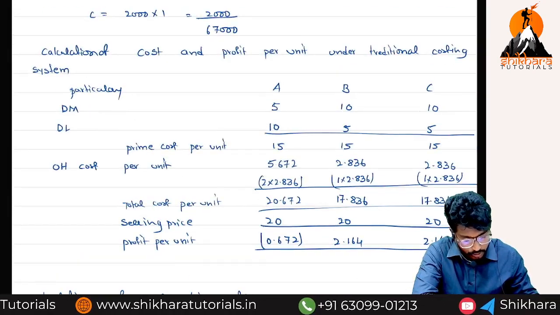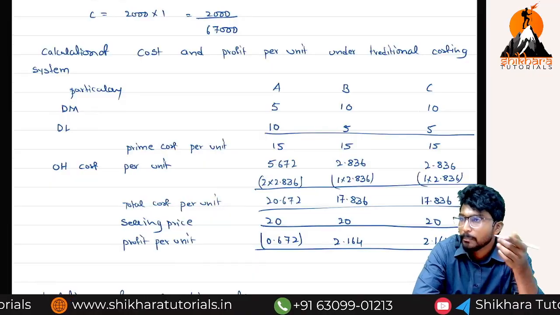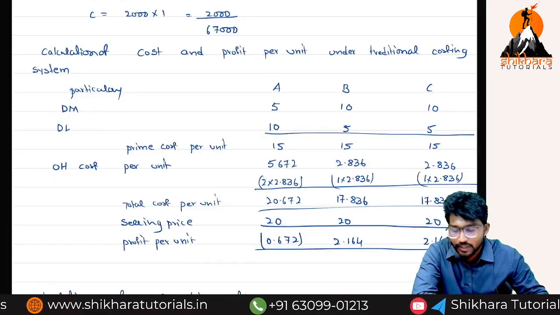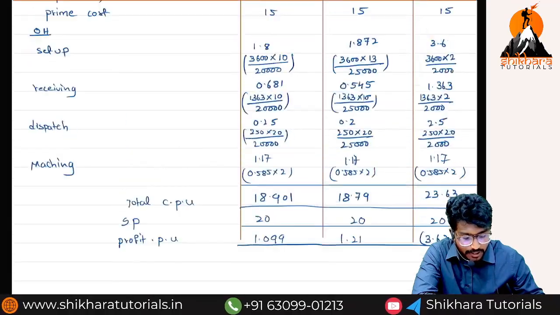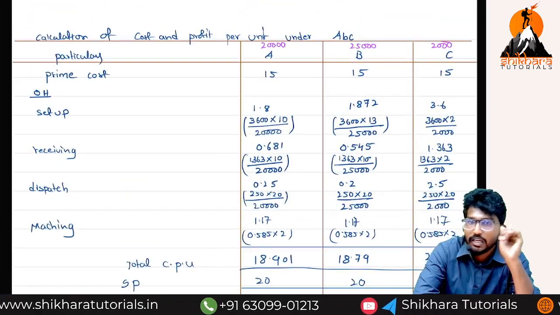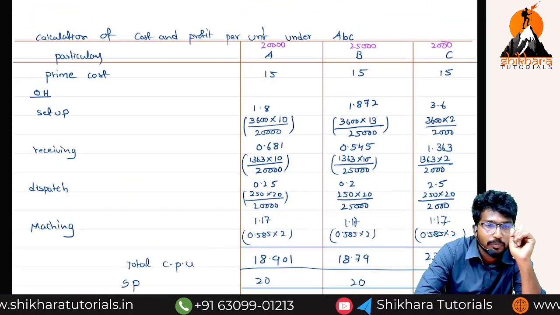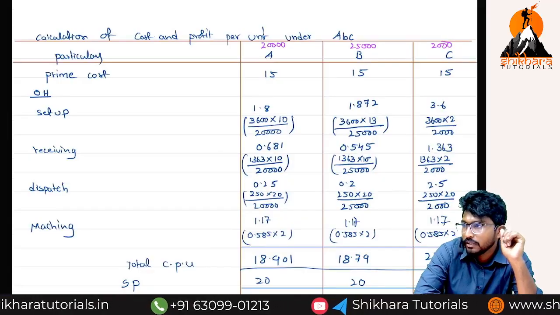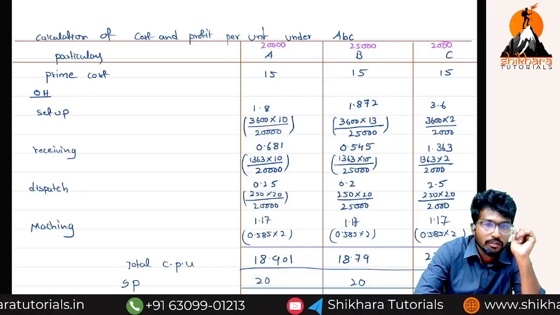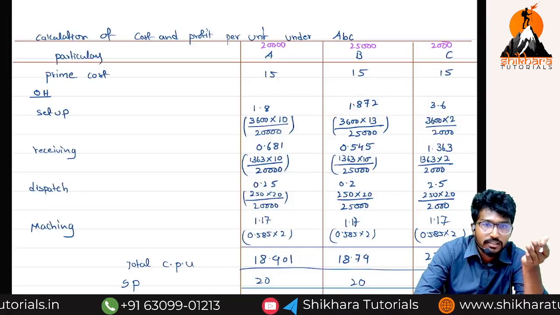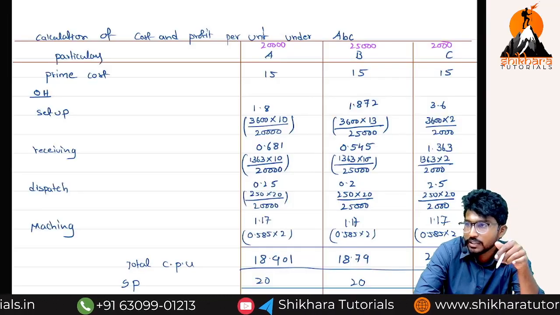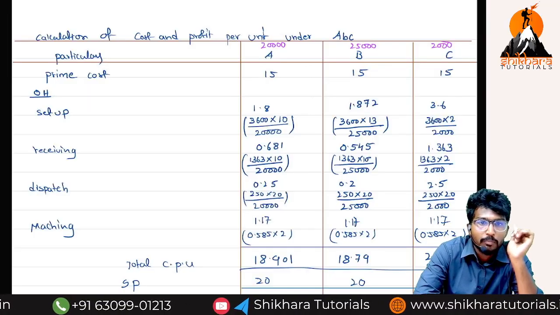I think 0.672 rupees per unit. But actually, which is loss making? C is the actually loss making product. You have to discontinue which product? C. But if you go with the traditional costing system, you may choose the wrong decision in the business to discontinue the product A.